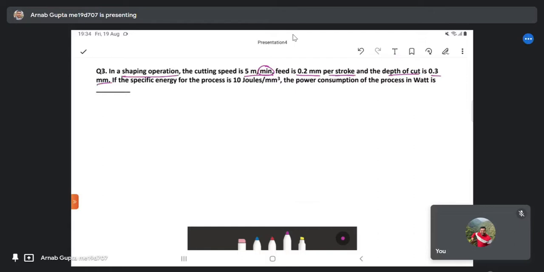So as you know how this shaping operation actually looks like. So this is my tool here, shaping tool.